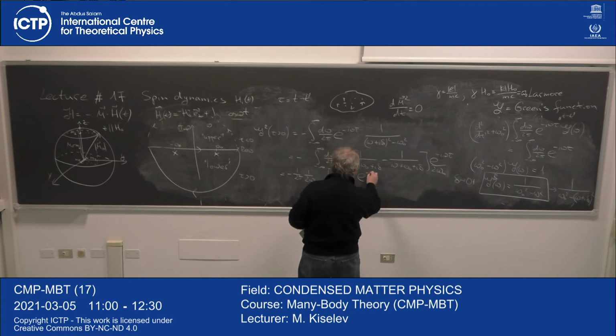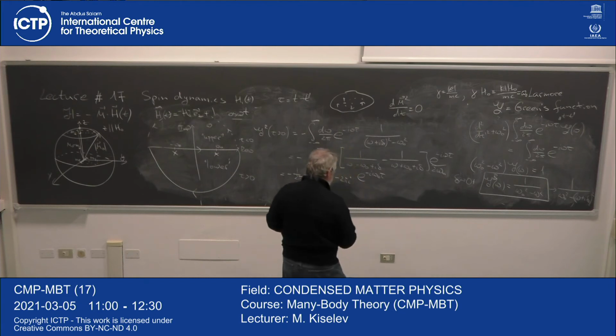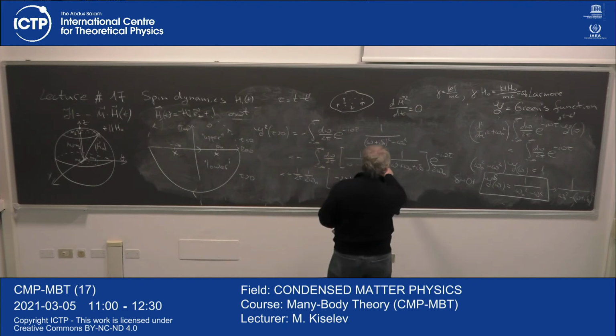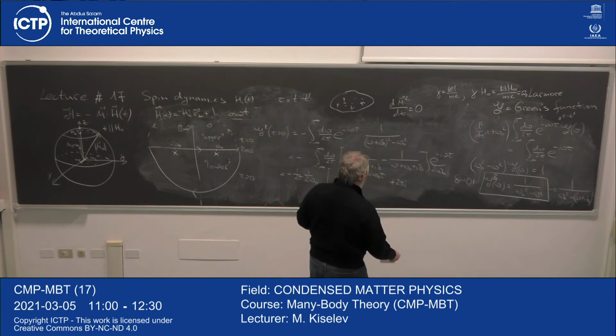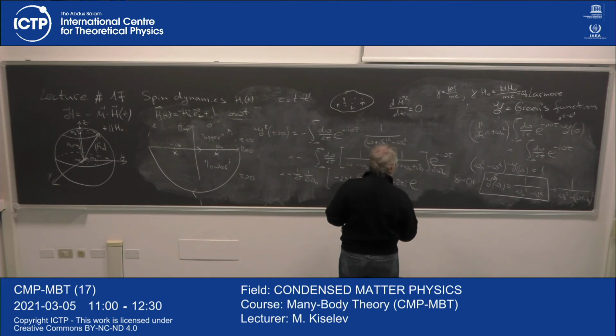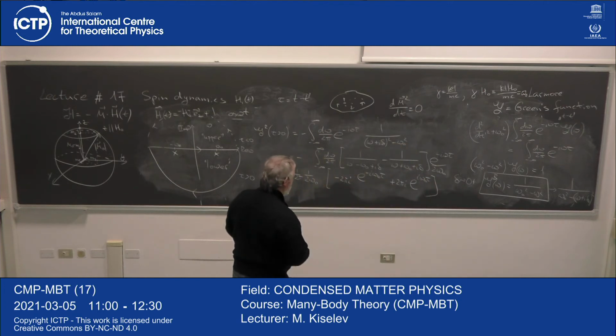Therefore, I have e to the power minus i omega naught tau. So then I have minus times minus, plus 2 pi i, and the function at the residue is e to the power i omega naught tau.